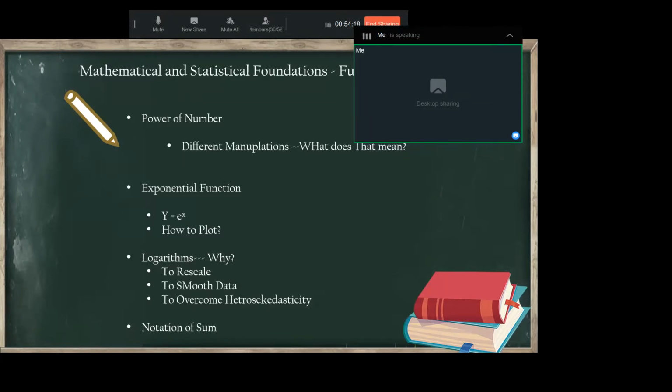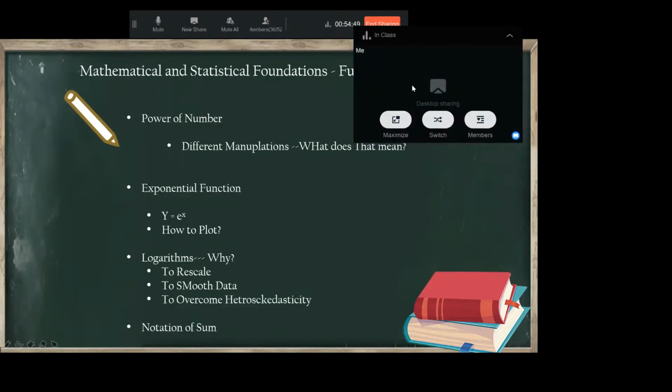It means that you can divide the power in order to help yourself solve any equation or analysis. The exponential function can also have further functions which can be used in portfolio management, asset pricing and capital asset pricing. Then we talked about logarithms. Why rescale?